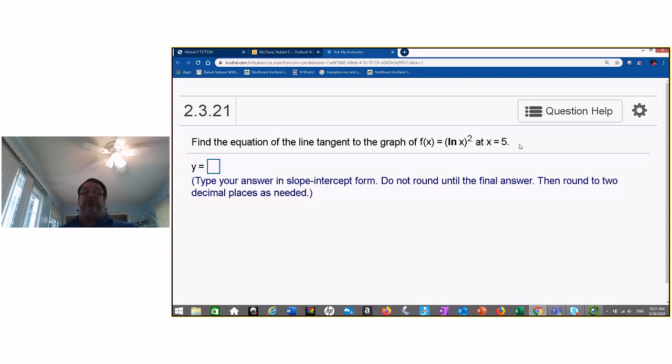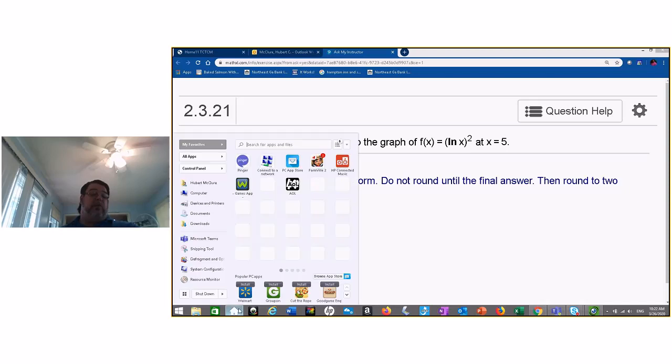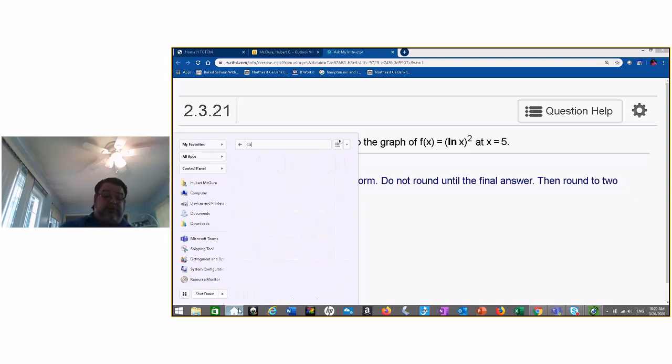So before we start the derivative, let's take our handy dandy calculator. Let me just see if I can pull up the calculator. That thing eats up too much RAM.